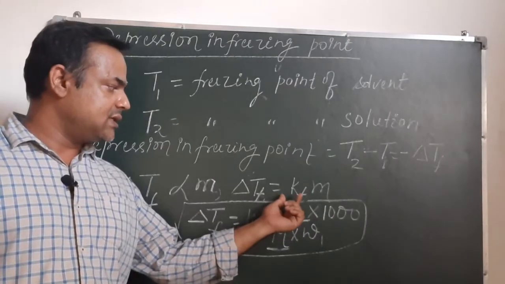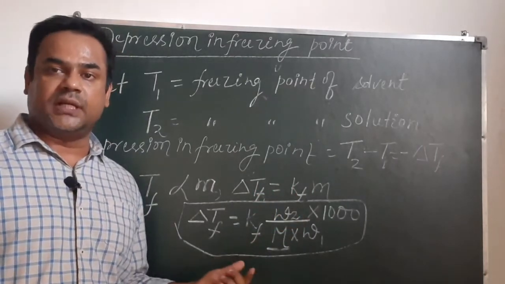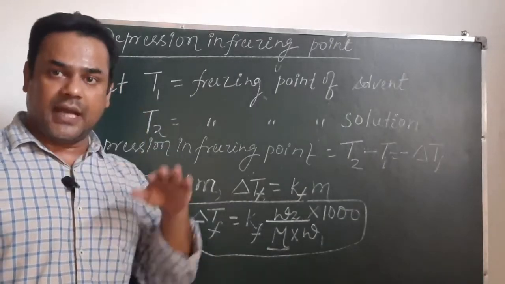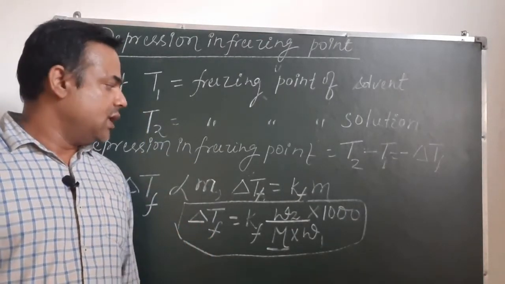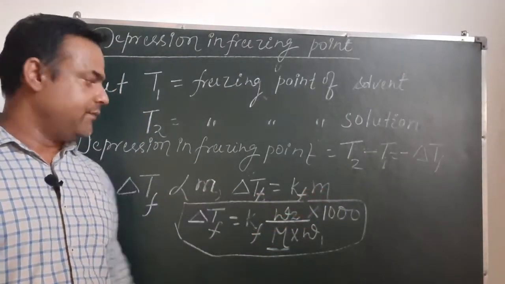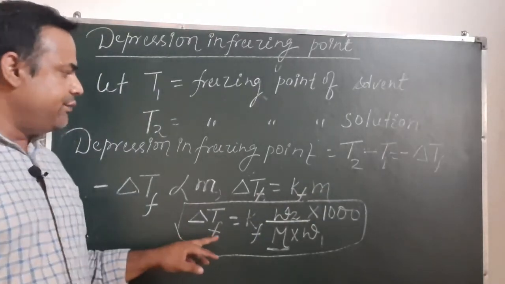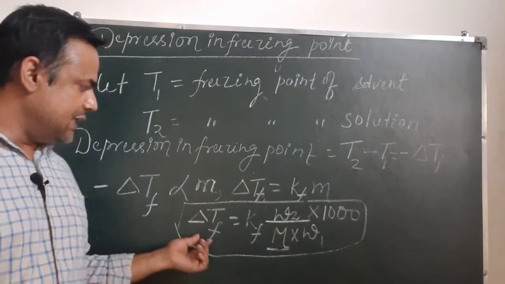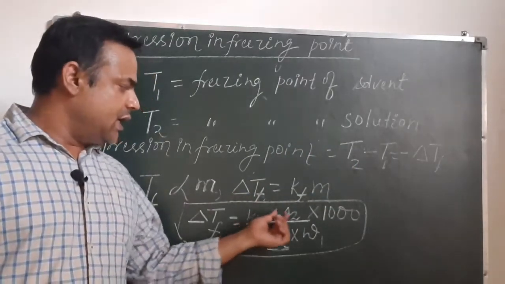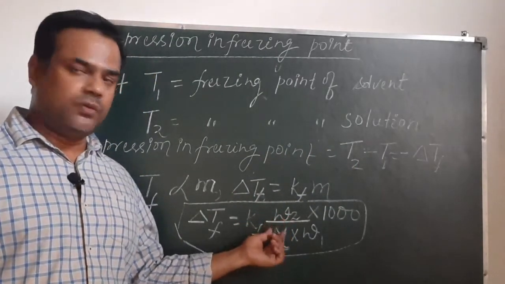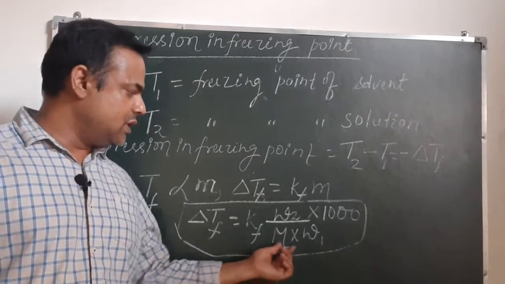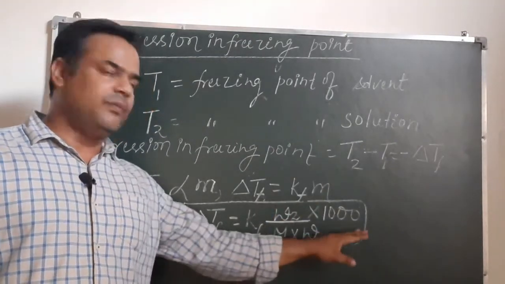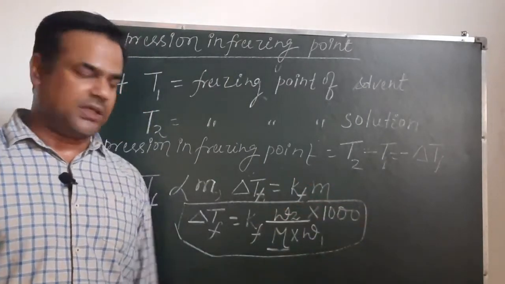Kf is known as the cryoscopic constant. Cryo means very low temperature, freezing. So from here, if we put the formula of molality, we get delta TF equals Kf W2, that is mass of solute, divided by molar mass of solute multiplied by mass of solvent, and this whole value gets multiplied by 1000.